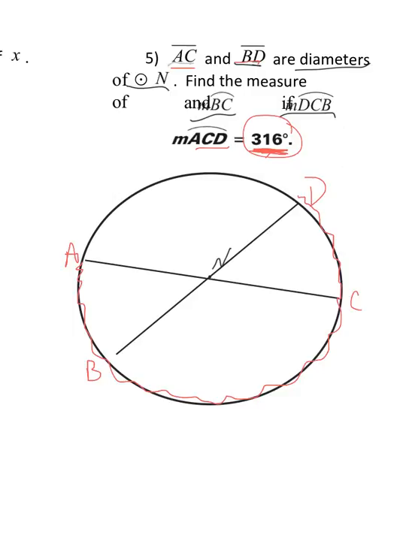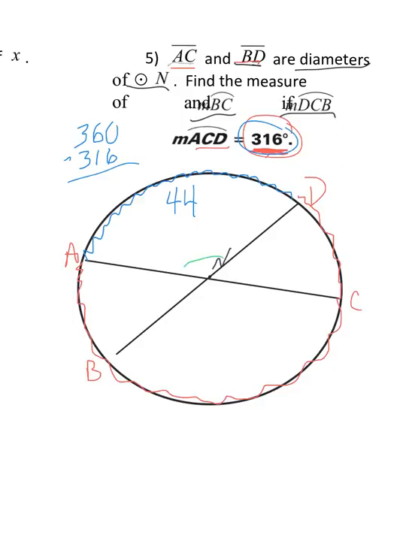Now, if I know that the arc I highlighted in red is 316 and all the way around is 360, then I can figure out this last piece that I haven't highlighted. So if I subtract those two, I'm going to be left with 44. Now, as I said, my picture was not drawn to scale, but this will help me fill in other information.